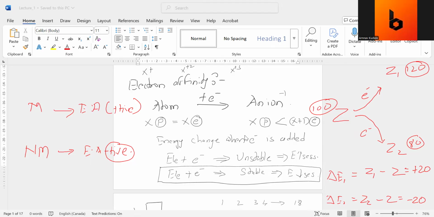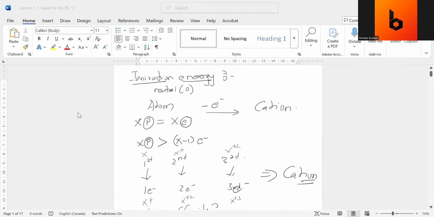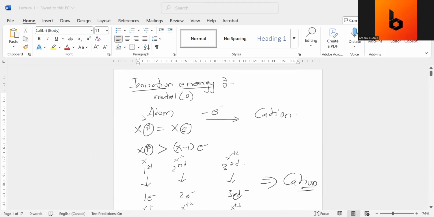Done. Everything has been copied. For the sake of understanding, always remember this concept. I am repeating myself, but I don't want you to have that doubt in future. Ionization energy means forcefully removing an electron.